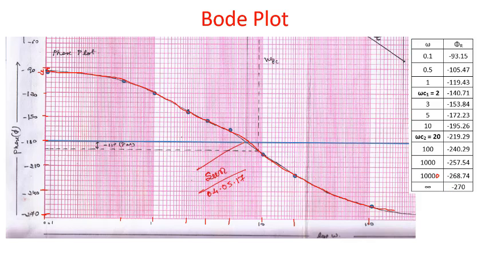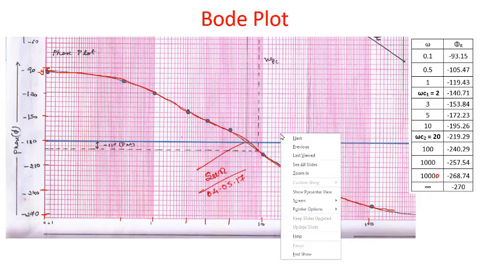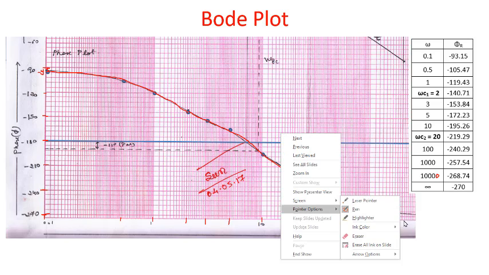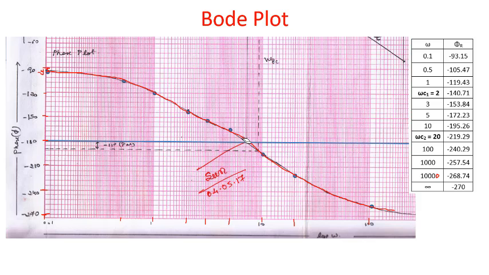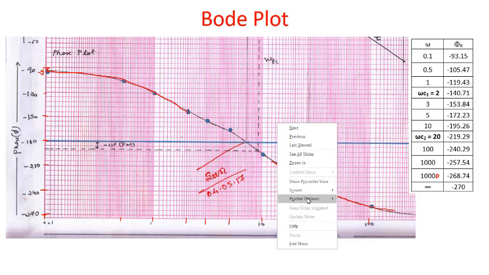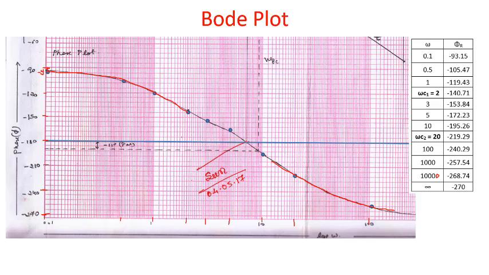Okay, next you can see here, just a minute. You can see here the phase line is going to cross the minus 180 degree line. So this frequency line is called the phase crossover frequency.